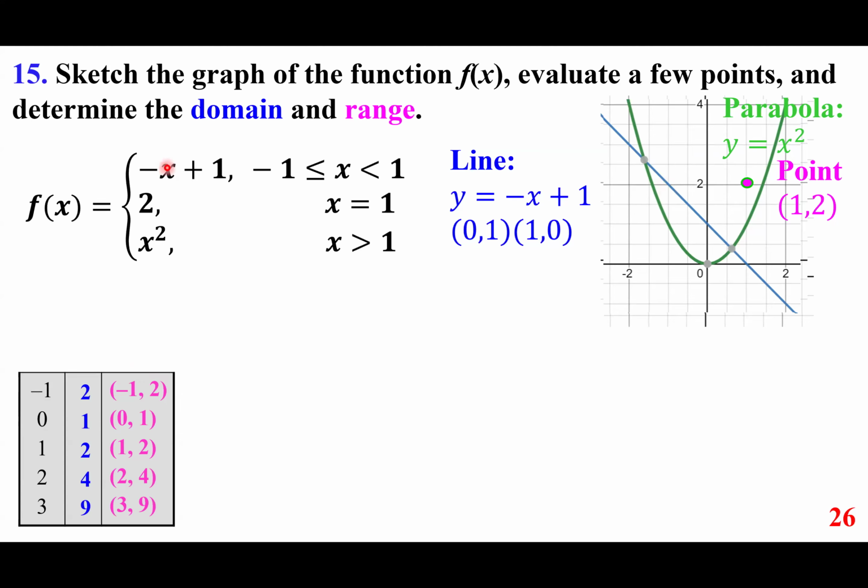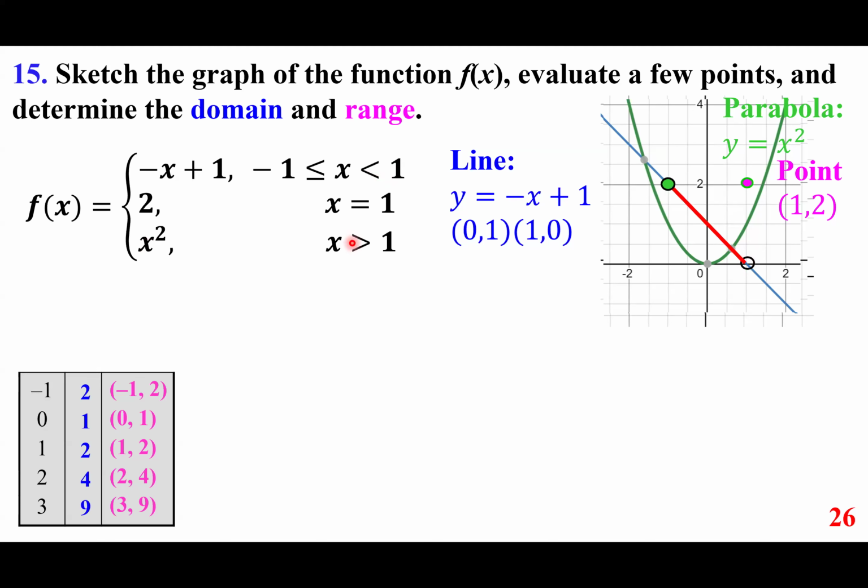If I put 1 here, I get 0. But this one is a hole. I want to make sure we understand what's happening here. Because of the equality here, this end is part of the graph. And because we don't have equality, we put a hole here. We have that pair also, it's not a big deal.